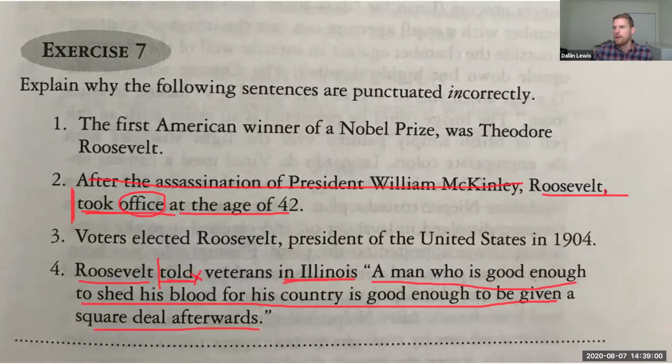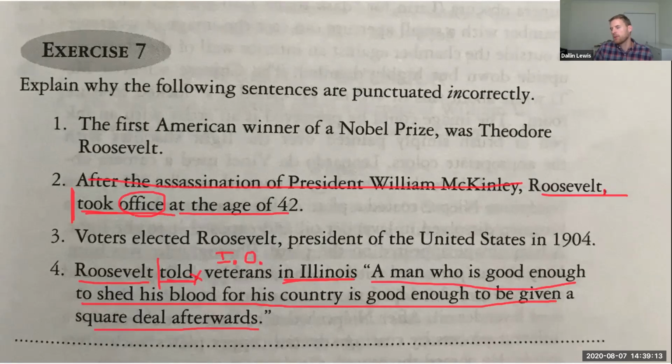Did you see what I got wrong? Veterans is not the direct object. What is veterans? The indirect object. It is the recipient of the direct object, and the direct object happens to be this honking nominal sentence, or clause, right here, okay?